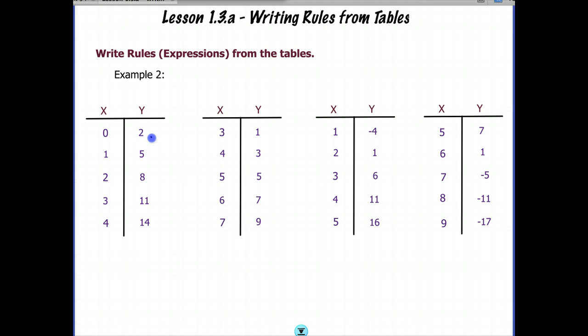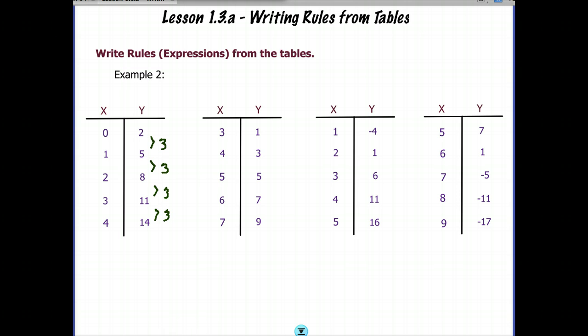If we take the first one, 2 to 5, that's an increase of 3. And it's important to notice whether it's going up or going down, because that will change what we multiply our x by. 5 to 8, that's also 3. 8 to 11, again 3. And 11 to 14, I bet will be 3 as well. So we have an increase of 3 every time.